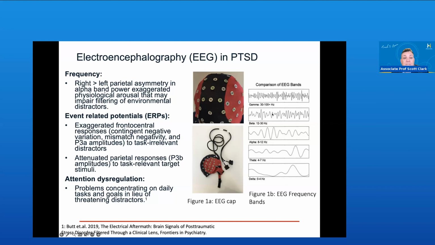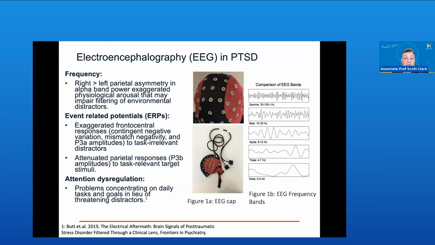In people with PTSD, there is asymmetry in the amount of alpha power, and it suggests that there's exaggerated physiological arousal that impairs the filtering of environmental distractors. So the brain circuitry is not able to as easily filter out noise in the environment.